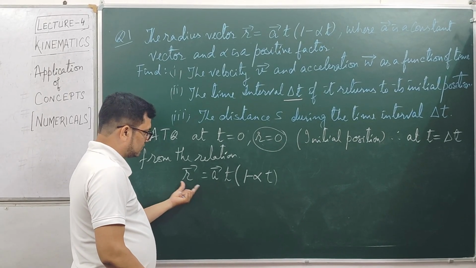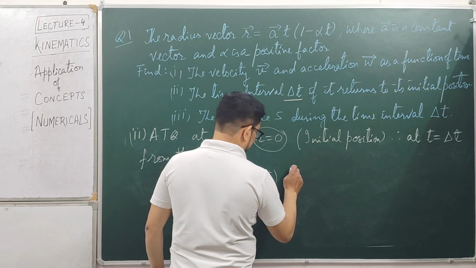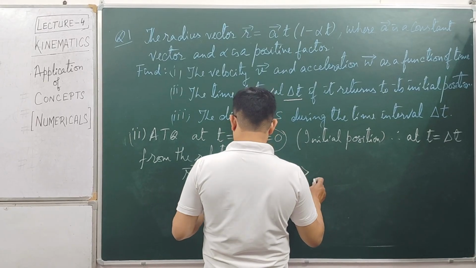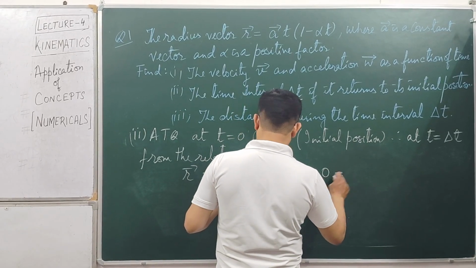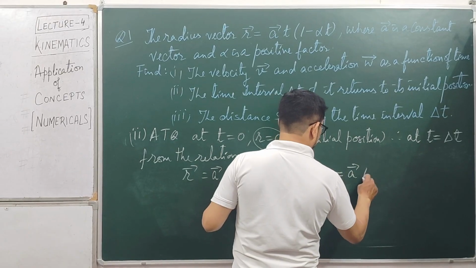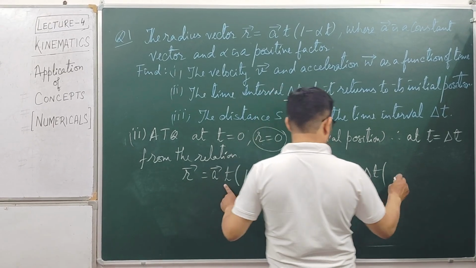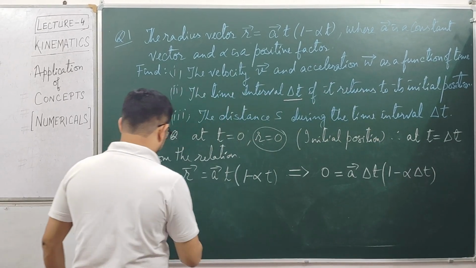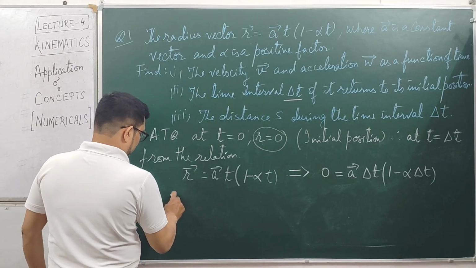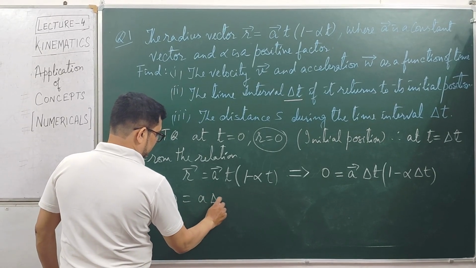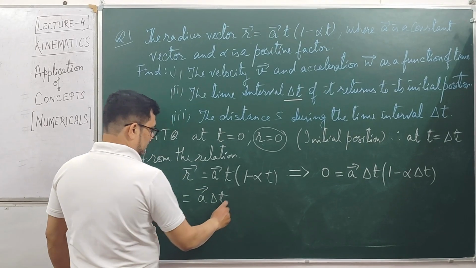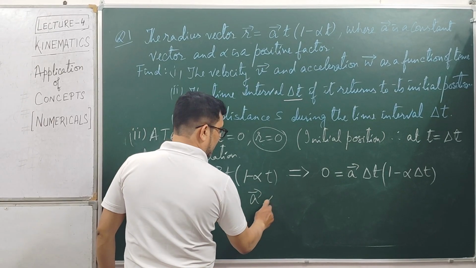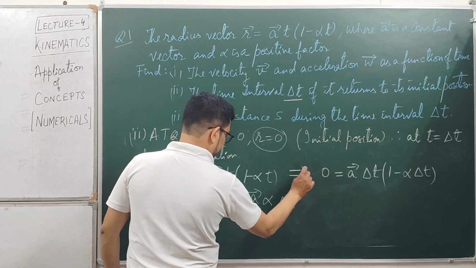If you make this r0, we get, if you put delta t, a delta t times (1 minus alpha delta t). Therefore 0 is equal to a delta t minus a alpha delta t squared.